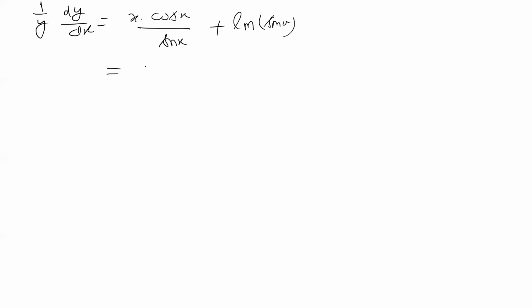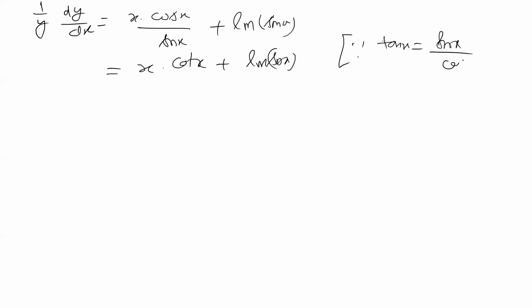We can also write this as y into cot x plus ln sin x, because we know that tan x is equal to sin x by cos x, and cot x is the reciprocal of tan x, so we can also write cos x by sin x.